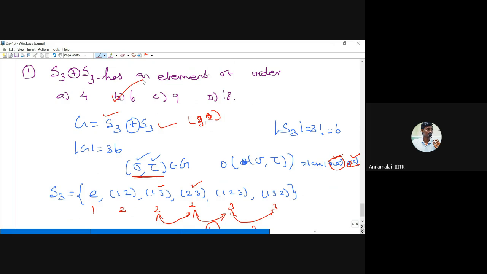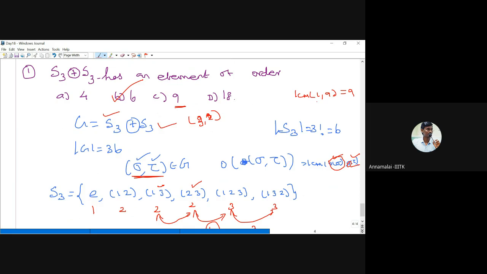There is no element of order 9. Suppose there were an element of order 9, what would that mean? The LCM of some two numbers should be 9. So when do we get an LCM of 9? Only when one is 1 or 9, since the LCM of 1 and 9 is 9. That is the only possibility.